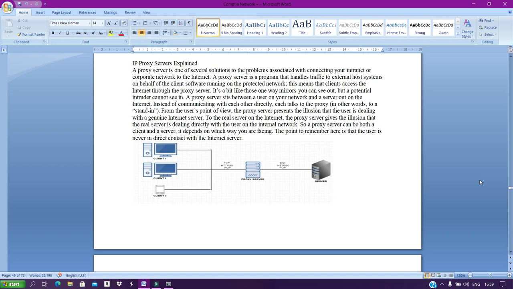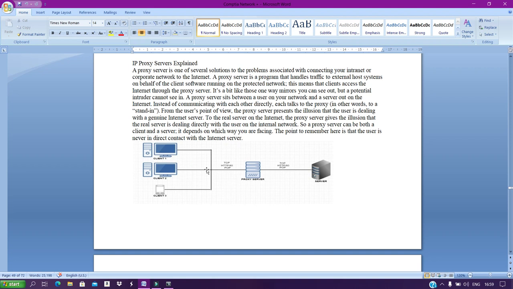To the real server on the internet, the proxy server gives the illusion that the real server is dealing directly with the user on the internal network. So a proxy server can be both a client and a server. It depends on which way you are facing. The point to remember here is that the user is never in direct contact with the internet server.